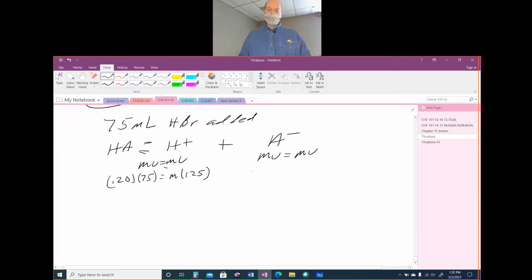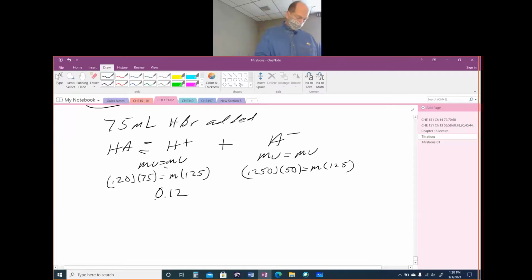Our weak base, we had 0.25 molar. The volume was 50. What's the molarity now that we've added the 75 and our total is 125? So the H plus, 0.2 times 75 divided by 125, that's 0.12.